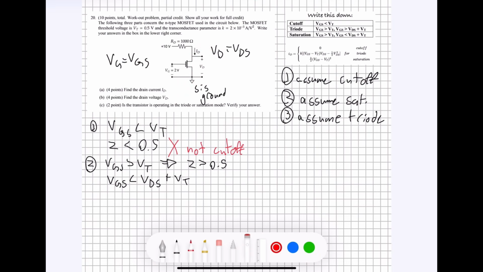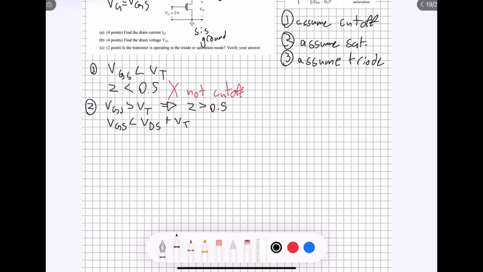And so in order to do that, we're just going to assume it's in the saturation mode for now, and we're going to check it later. We're just going to use that assumption, and that allows us to use that current equation that's up there. So we're going to say that ID is equal to K over 2 times VGS minus VT, all of that squared.